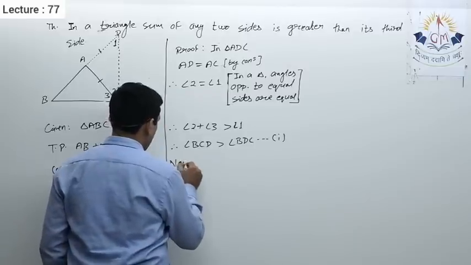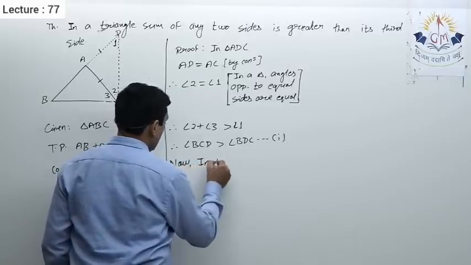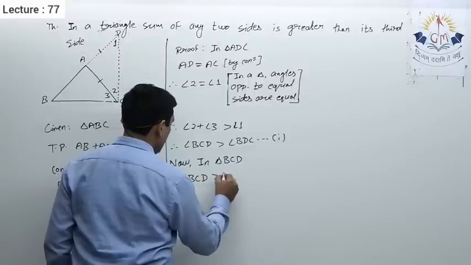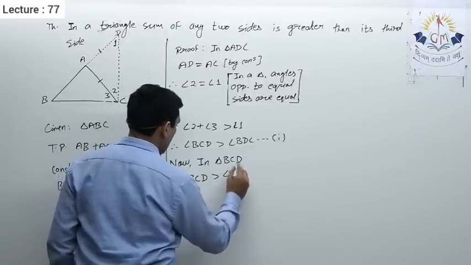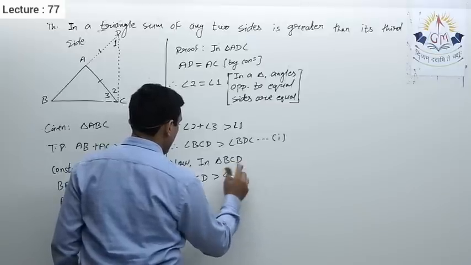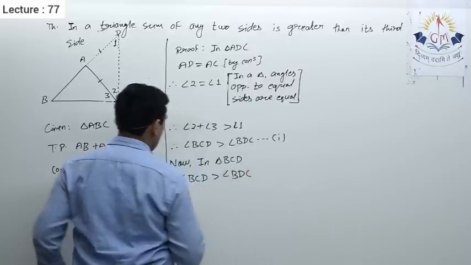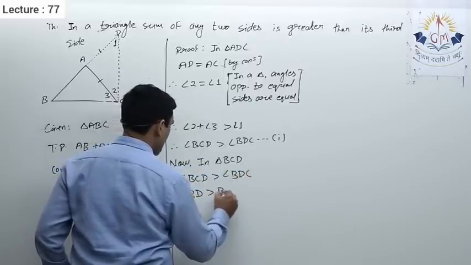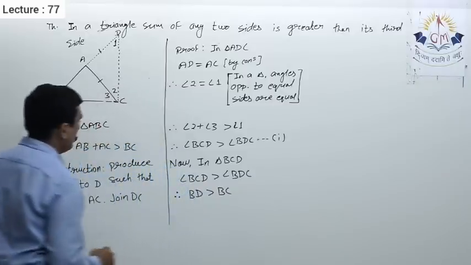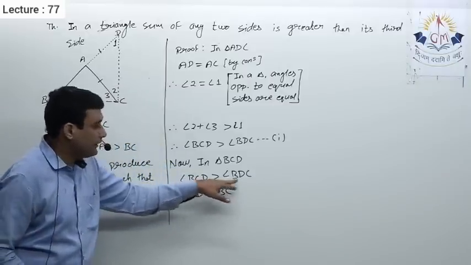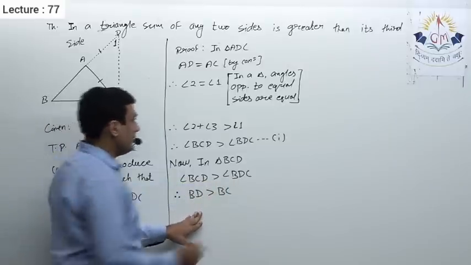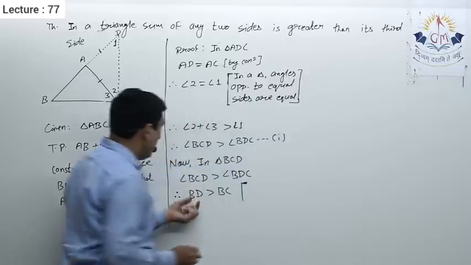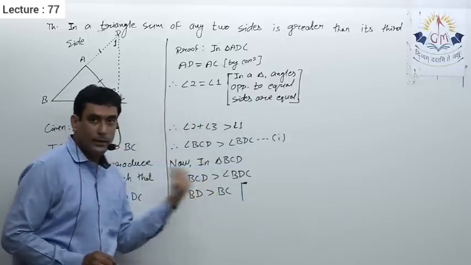Now in triangle BCD, angle BCD is greater than angle BDC. Therefore I can say BD is greater than BC. In a triangle, if one angle is greater than another angle, then this is the relation between the sides, and that theorem is: in a triangle, the side opposite to the greater angle is longer.